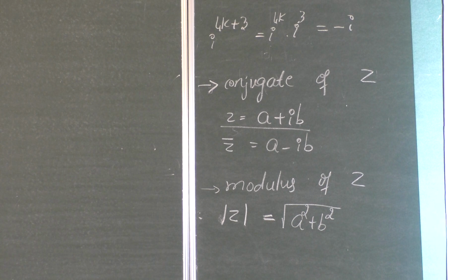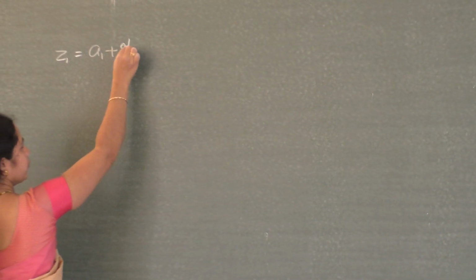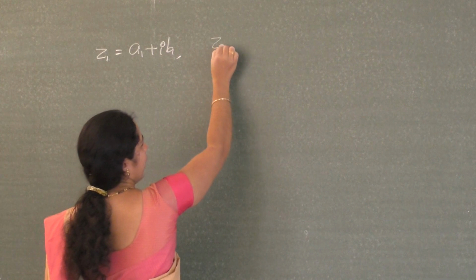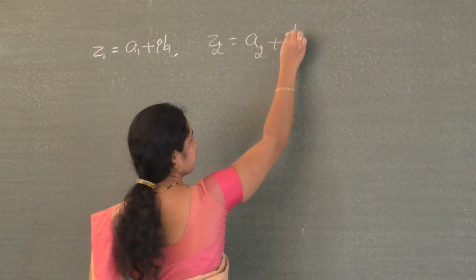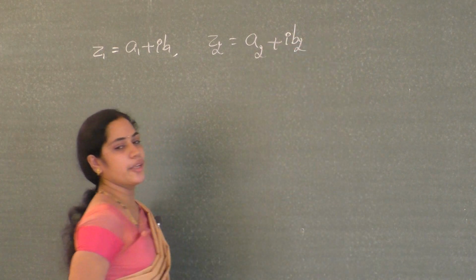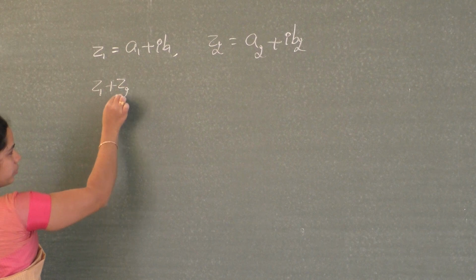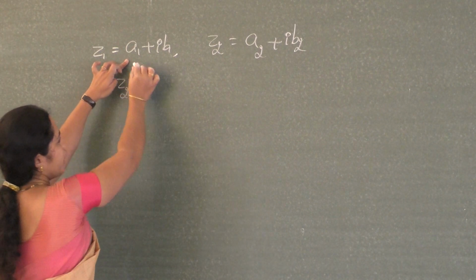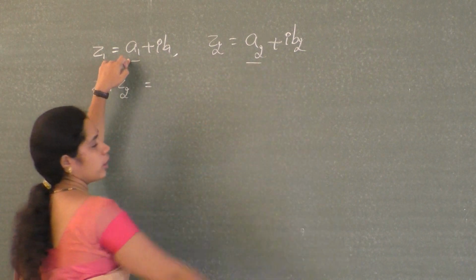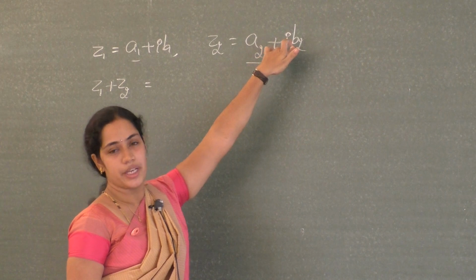Now, suppose we have two complex numbers, z1 is equal to a1 plus ib1 and z2 is equal to a2 plus ib2. If you want to add two complex numbers, z1 plus z2 is equal to, we have to add real part to real part only and imaginary part to imaginary part only.